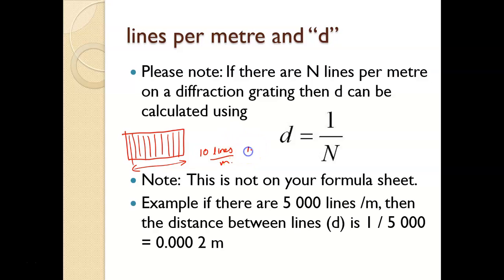So it's 1 meter over 10 lines, which gets me 0.1 meters between lines. But that's not on your formula sheet. It should be relatively intuitive, but we're not usually dealing with things like 10 lines per meter, but more like 5,000 lines per meter. Then the distance between the lines would be 1 over 5,000, or 0.0002 meters apart.